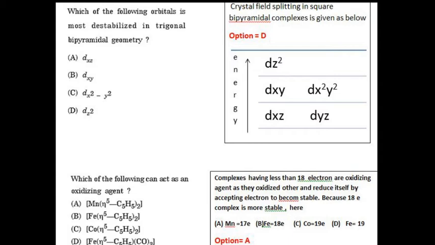We know that an 18 electron complex is more stable than the rest. Here, manganese has 17 electrons, iron is already an 18 electron complex, cobalt is a 19 electron complex, and iron is again a 19 electron complex. So the first complex, with less than 18 electrons, acts as an oxidizing agent for other complexes.